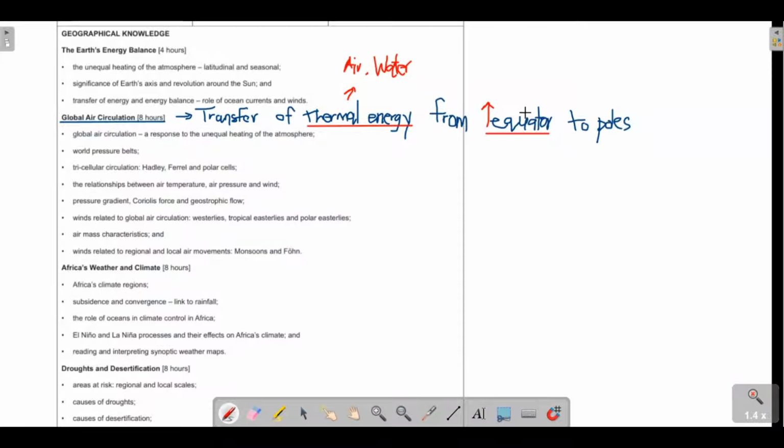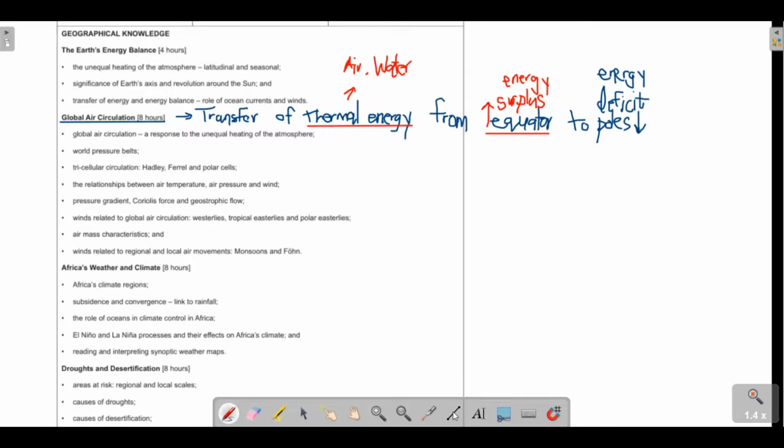So this energy is then transferred from this surplus. Okay, so surplus means more than enough. Energy surplus is then transferred to areas where there is a deficit. Okay, so that's an energy deficit. So yeah, that is what global air circulation is, basically transferring the thermal energy from where there's more than enough energy to where there's energy needed.